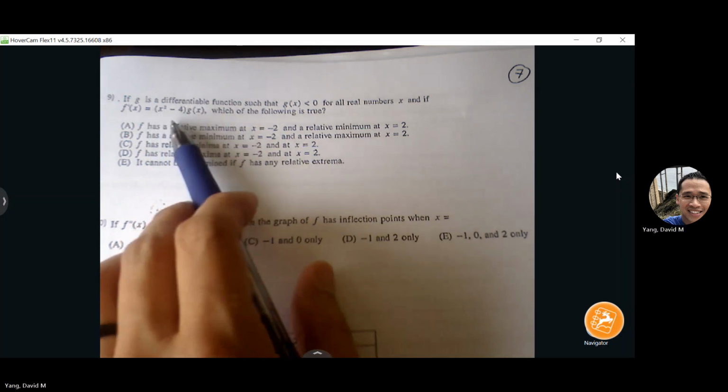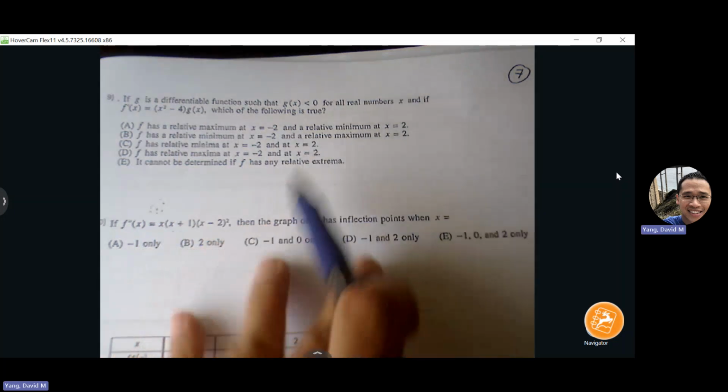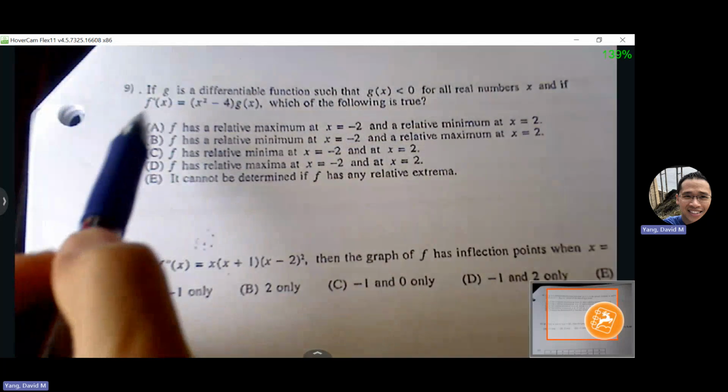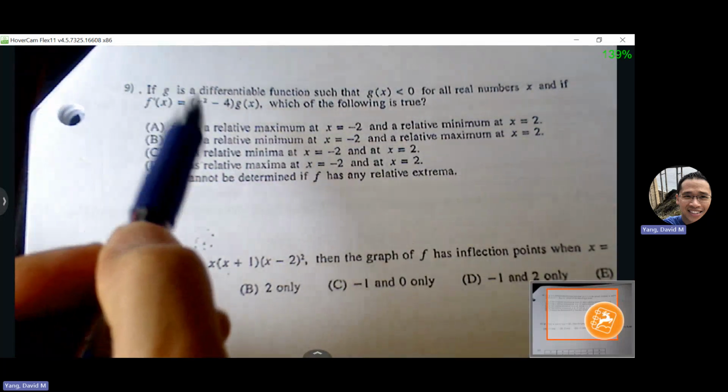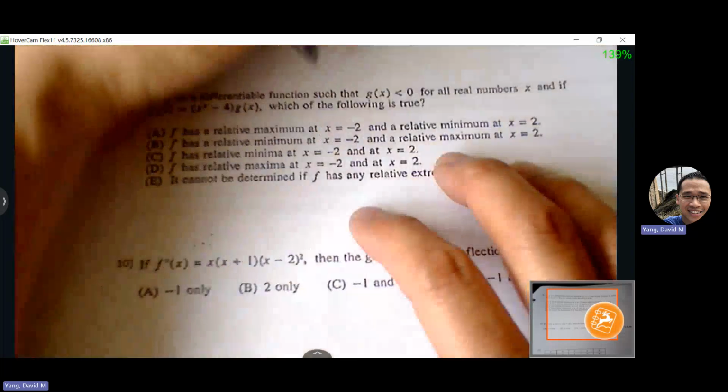So it's asking information about relative max, relative min. So why don't we just create a slope sign line and gather that information, right? Because wherever f prime is 0 is where our critical points will be. So we'll go through the first derivative test.